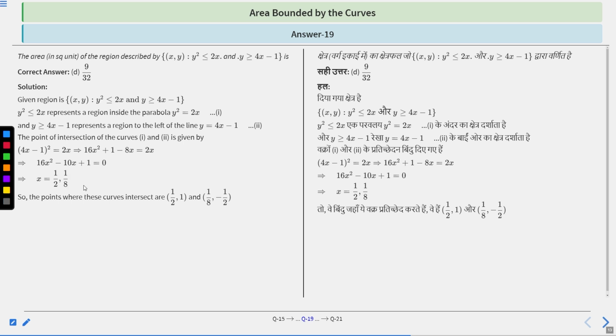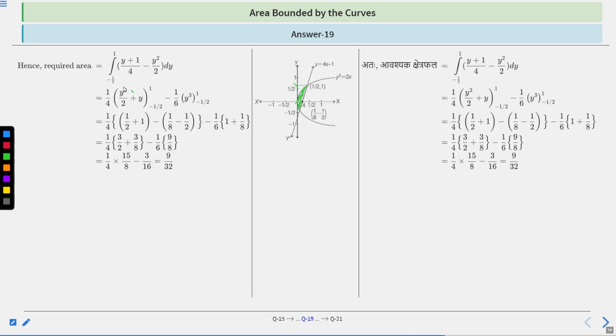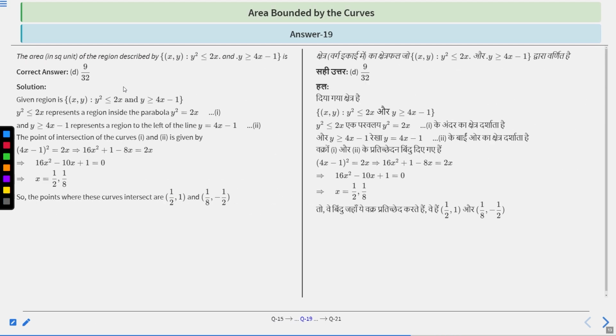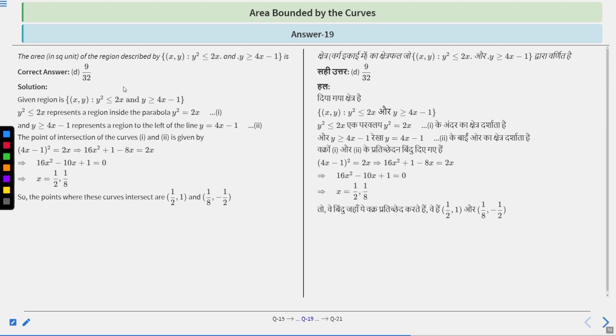Therefore, x is equal to 1 by 2 and 1 by 8. So the points where these curves intersect are (1 by 2, 1) and (1 by 8, minus 1 by 2). So hence the required area is between the points of intersection. When we integrate in y, then limit should be from minus 1 by 2 to 1. And when we integrate in x, then limit should be 1 by 8 to 1 by 2.